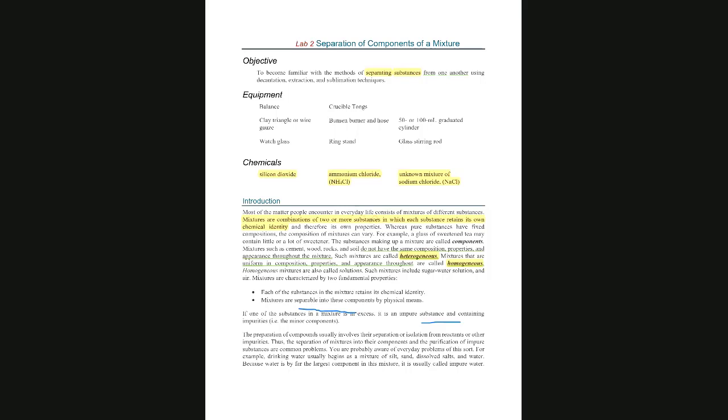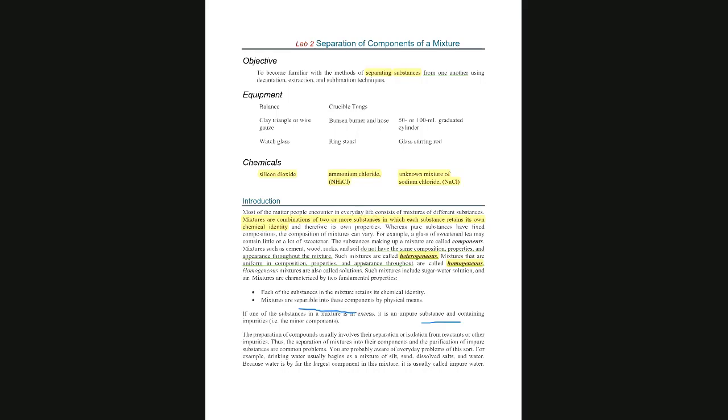And the other important concept is that when we separate a mixture, we always separate it by using physical methods. We're going to go over that a little bit more shortly, but we always use physical methods.